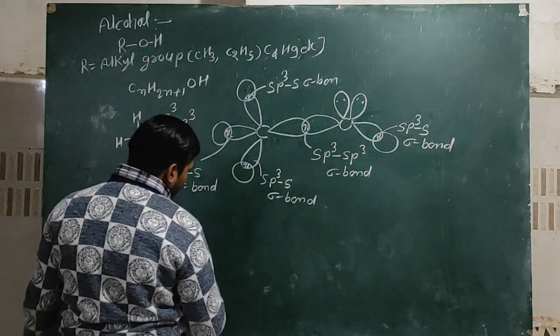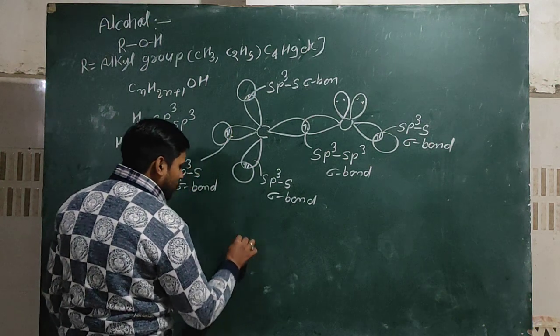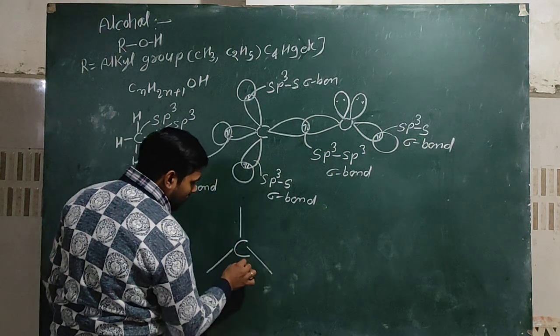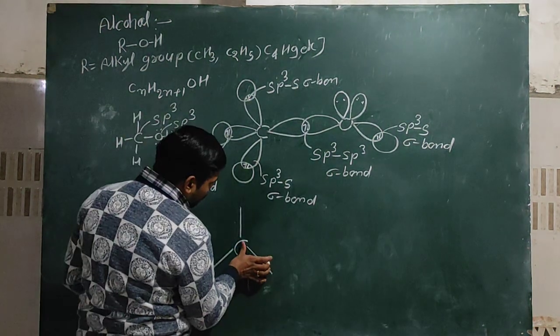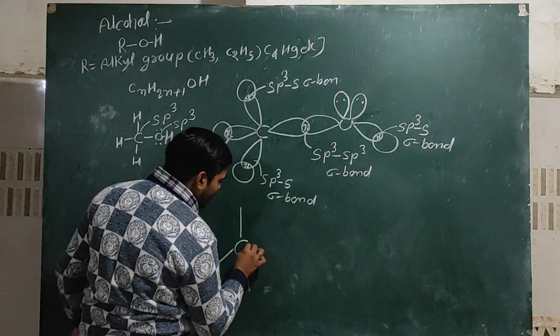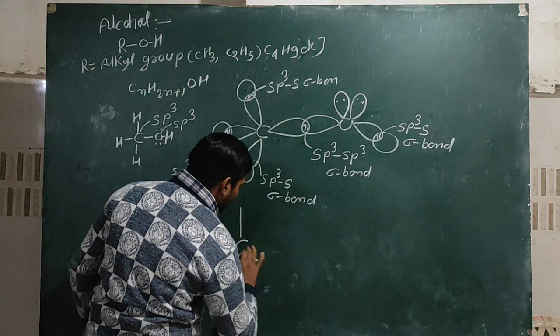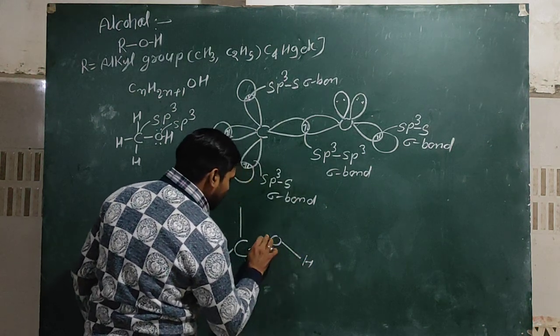And here you can see this carbon atom which contains an sp3 hybrid orbital, and it contains oxygen, in this way, oxygen with hydrogen.